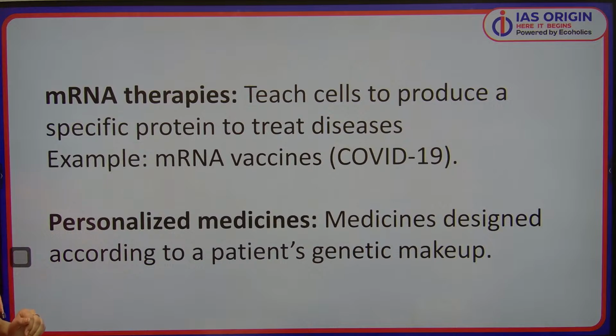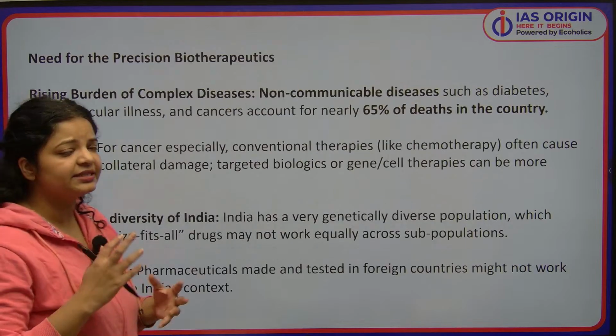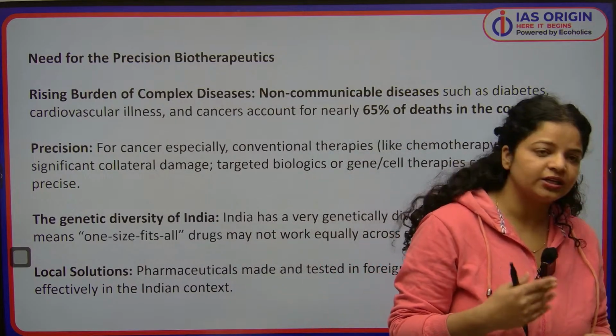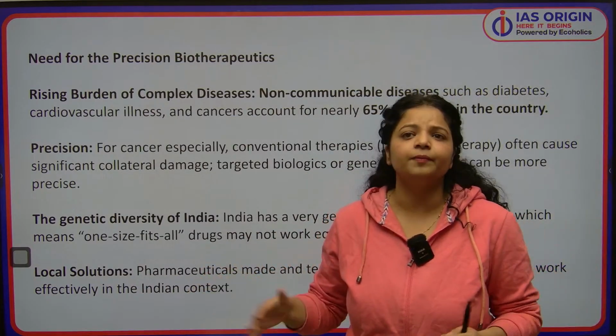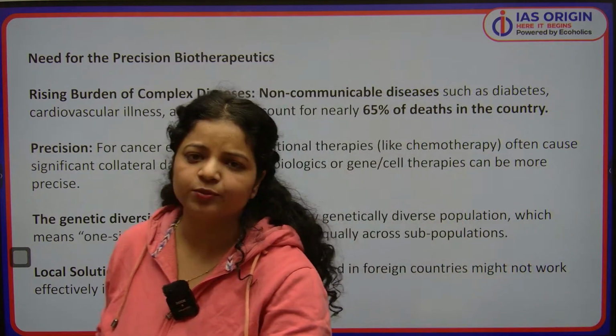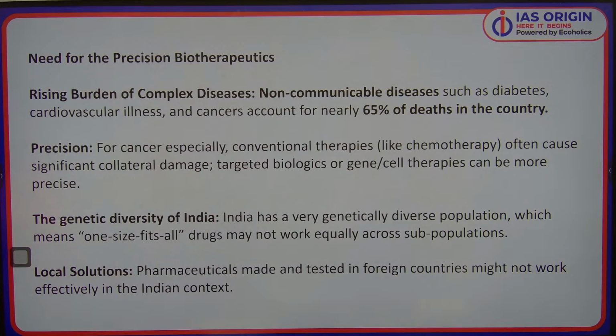Second is mRNA therapies, where you teach cells to produce specific proteins that help to treat diseases in the body, like the mRNA vaccines that were used in COVID-19. And personalized medicine, specifically targeting people who are suffering from genetic or any kind of disorders. So these are the types of technologies which you will see.